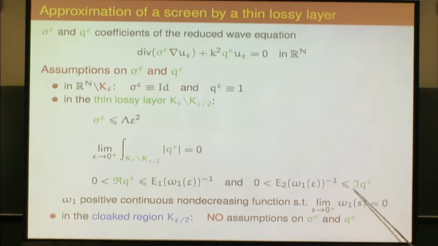Because the main assumption is that the imaginary part of q epsilon goes to plus infinity. And the real part is of essentially the same order, but they need not go to infinity too fast, because you need this to go to 0. The measure is going to 0, so q epsilon can be large but not too large. And the most important thing is that in K epsilon half, which is essentially what I call the cloak region, you have no assumption whatsoever on sigma epsilon and q epsilon.